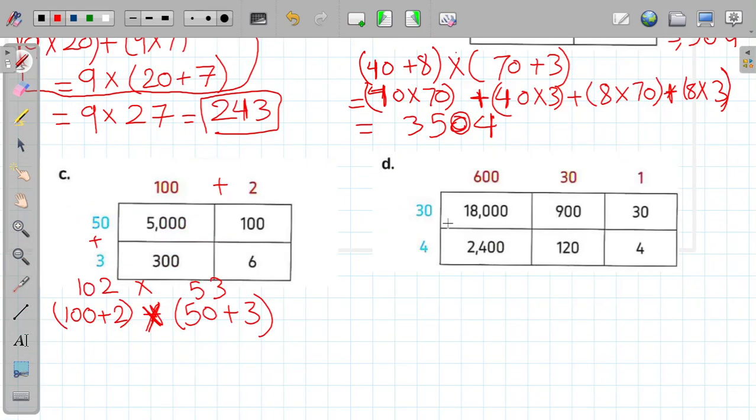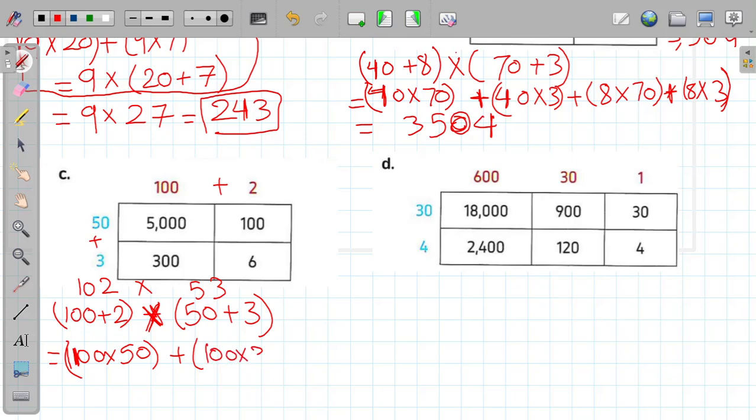Okay, so let's go. I have 100 times 50, the first one by the first one. Next, I have 100 times 3.